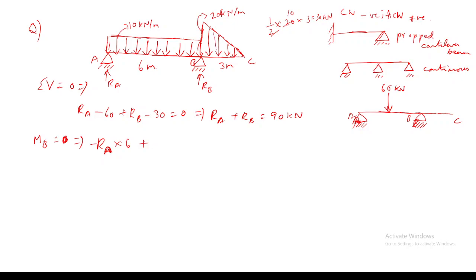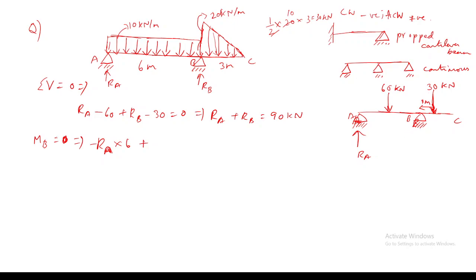One third about this, here it will be acting. So it will be acting 1 meter from point B, which is 30 kilonewtons, and this is RA.